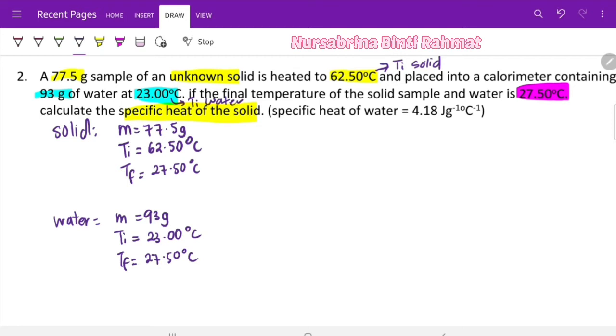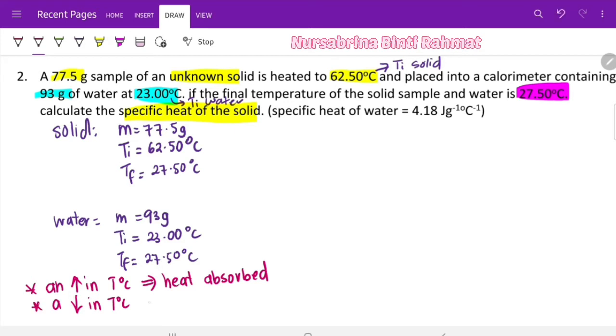How do we know which one undergoes heat release and which one undergoes heat absorption? You have to look at the temperature change. An increase in temperature means heat is being absorbed. But if you see a drop in temperature, that means the heat is being released.